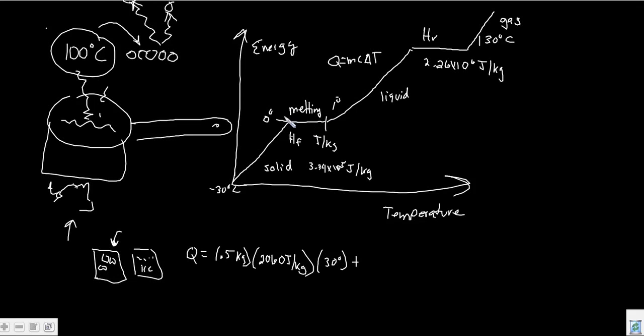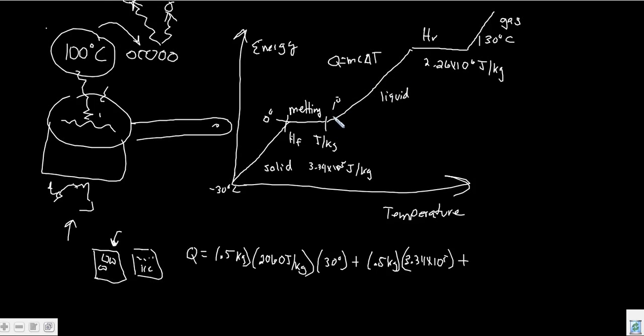Now we're going to have to add plus. We have to factor in this plateau right here. So what is this plateau? Well, we need our mass again, which is 0.5 kilograms. We multiply that times our heat of fusion, which in this case is 3.34 times 10 to the 5th. And then what are we going to do? Now we're going to add our Q equals mcΔT for this leg right here.